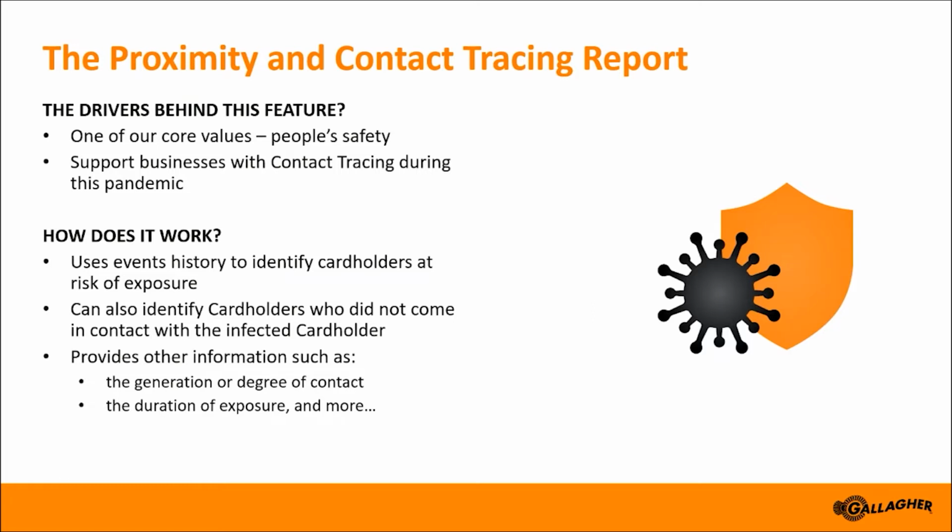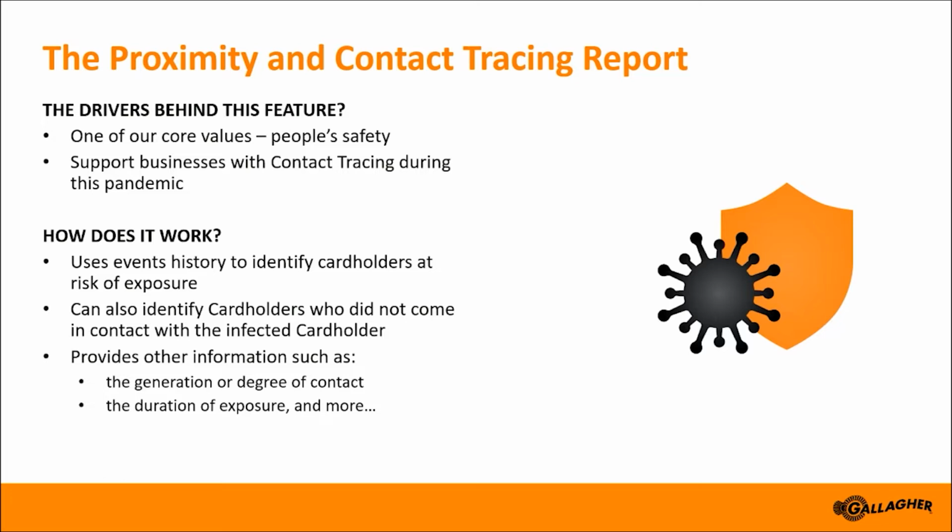For example, if an infected cardholder entered a site, those cardholders who were in the same area as the infected cardholder might now have an elevated risk of infection due to physical contact, surface contact, or just being in close proximity to the infected cardholder. Therefore, identifying these cardholders at risk of exposure is very important.